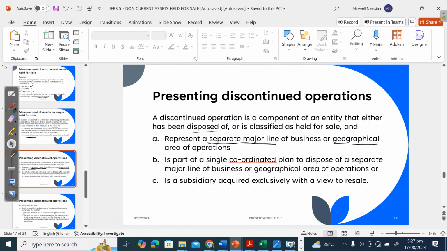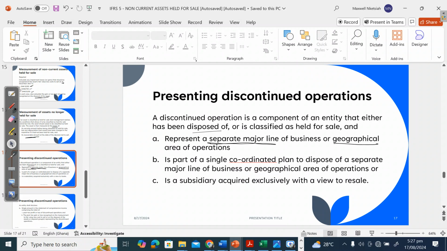So a company may have operations in different regions or countries. They can even say they are no longer going to operate in a particular country. Recently there was a delivery company that folded up. I've forgotten their name.